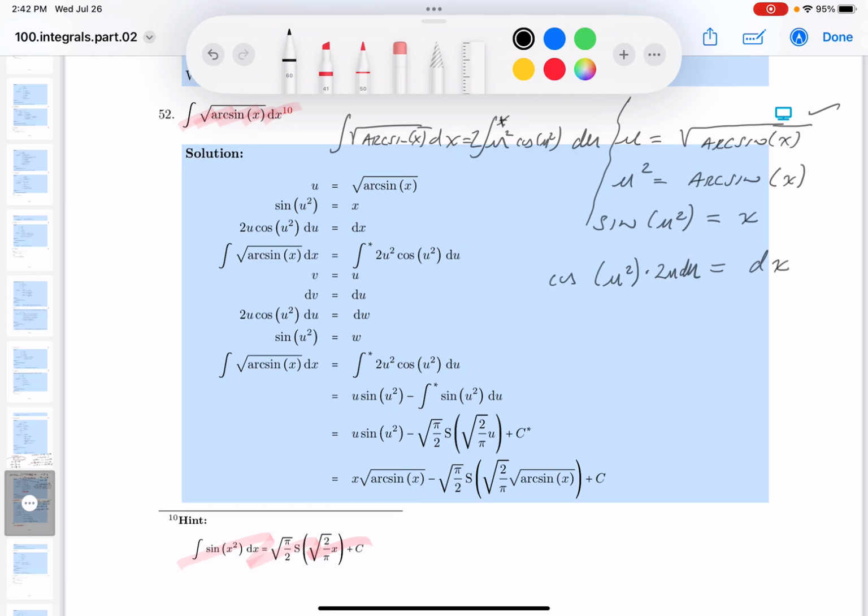All right, so I'm seeing this, and I'm thinking to myself, I got to see something else in the problem. I'm not seeing the sine. So what I got to do is integration by parts now. Right, I'm going to do integration by parts. So we're here. I'm going to perform an integration by parts.